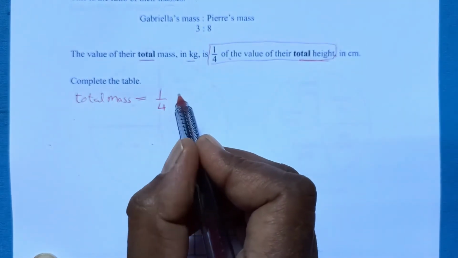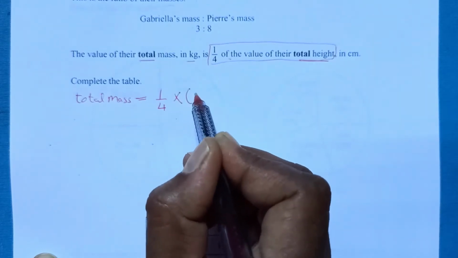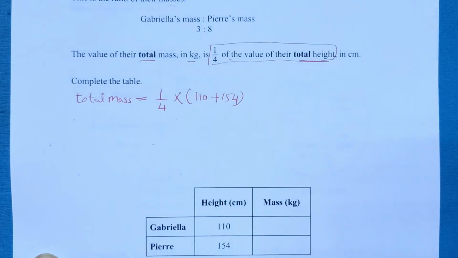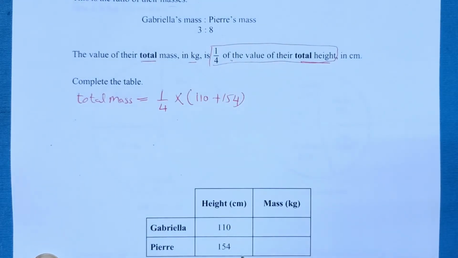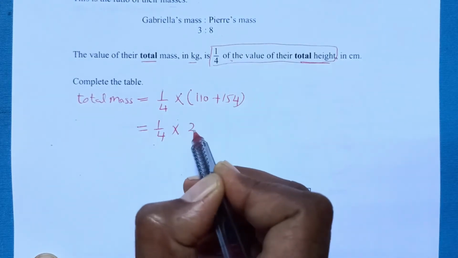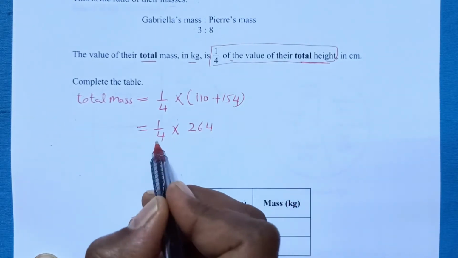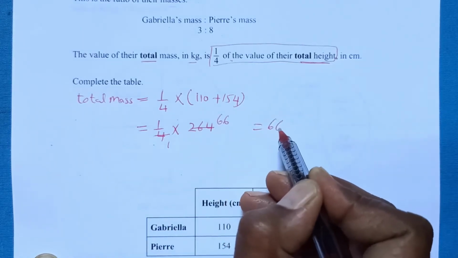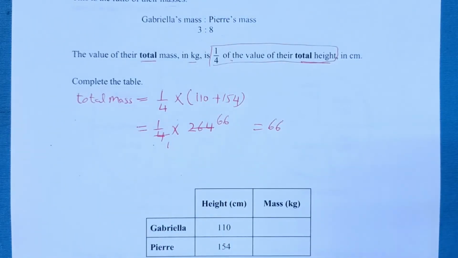1/4 of the total height, and total height is 110 plus 154. We'll add both the heights, these ones here. So this is 1/4 times 264. Then simplify, divide by 4, it is 66. So total mass is 66.